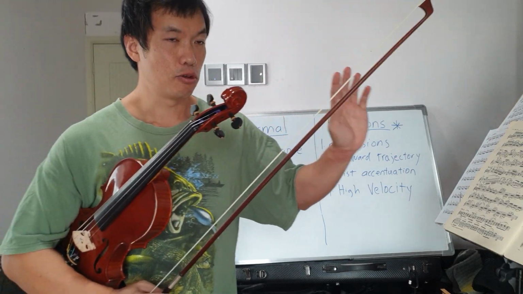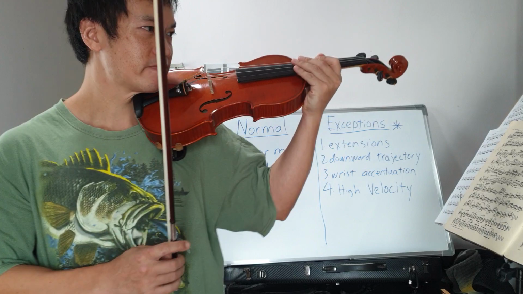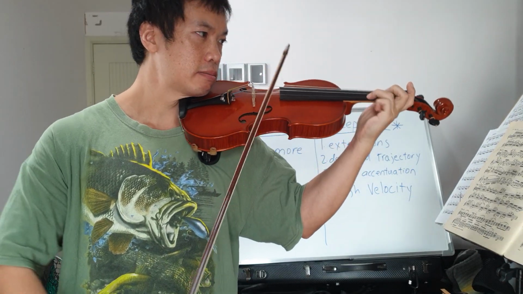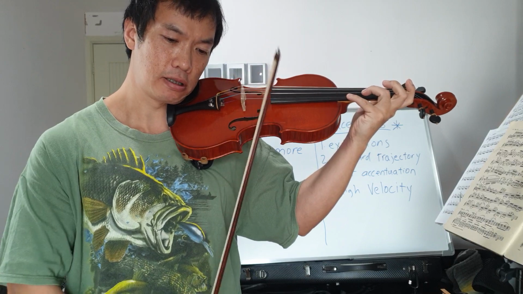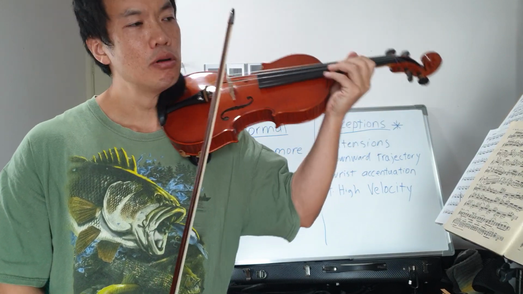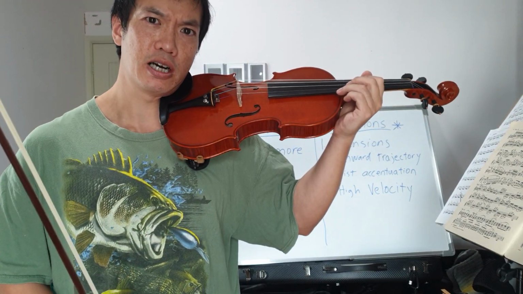Now, to practice left-hand pizz, let's start. Okay? In the beginning of variation 9, we see you're hitting the note with the bow. Now the thing is that we might not know whether or not our left-hand pizzicato is really that loud.